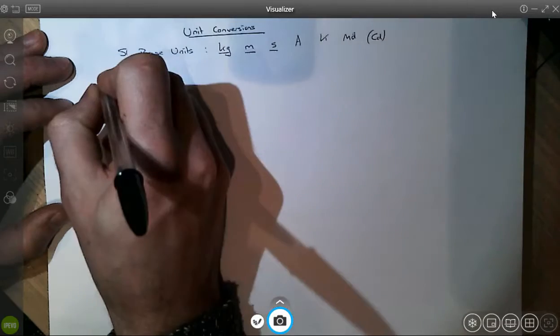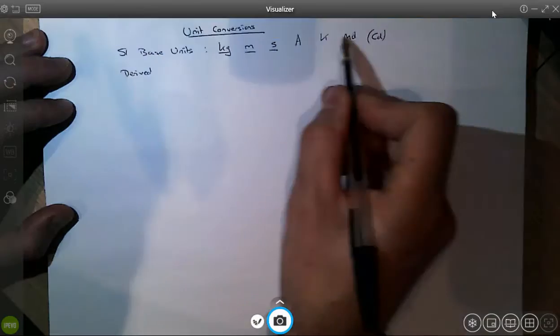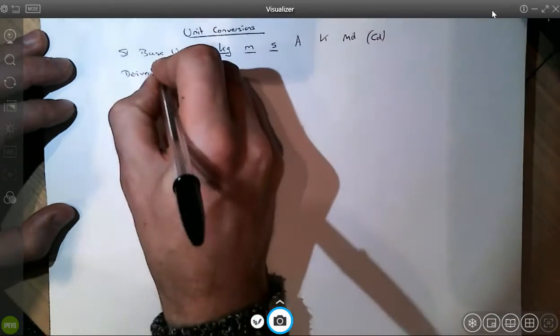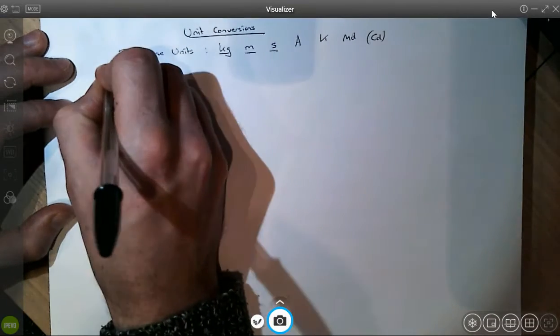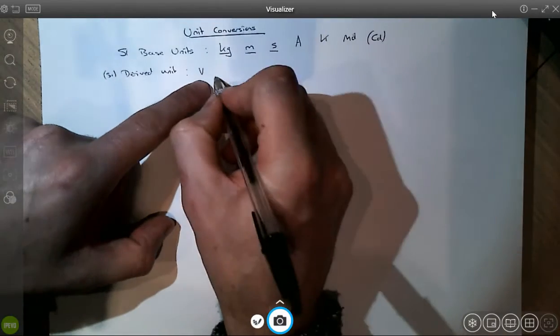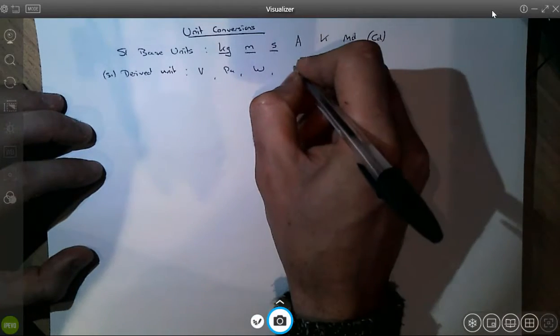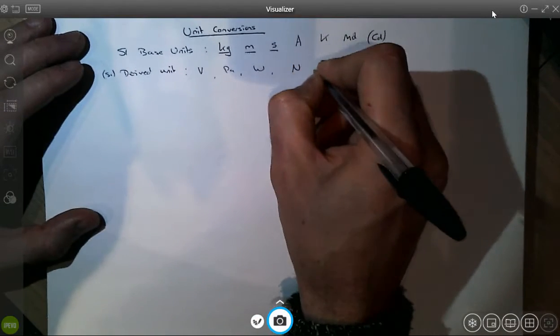Or if we're using derived units, so anything that is not one of these 7 units is called a derived unit, although it can still be an SI unit. Things like volts, pascals, watts, newtons and joules, for example. These are derived units.